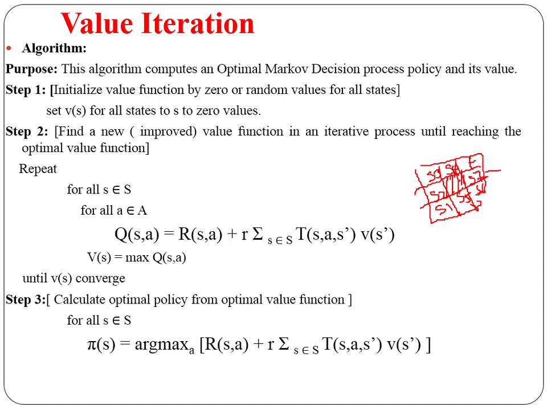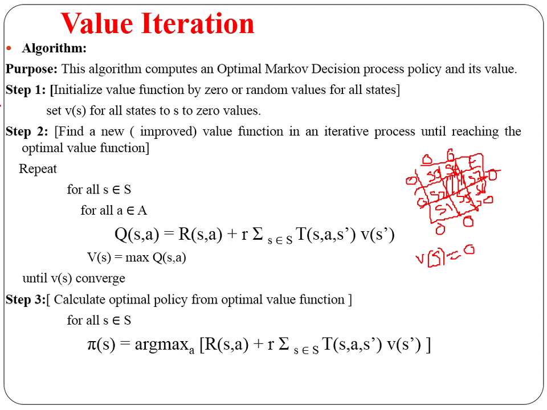Now for each state I take the value as 0. So this is 0, this is also 0, and so on for all of them. Initially I have taken 0 because the first step says V of S is 0. You can also take any random value, but I have taken 0 here.